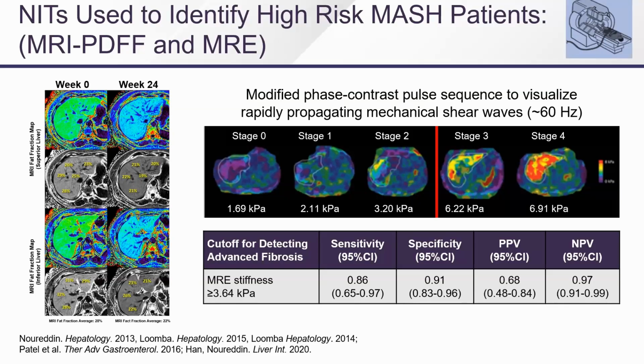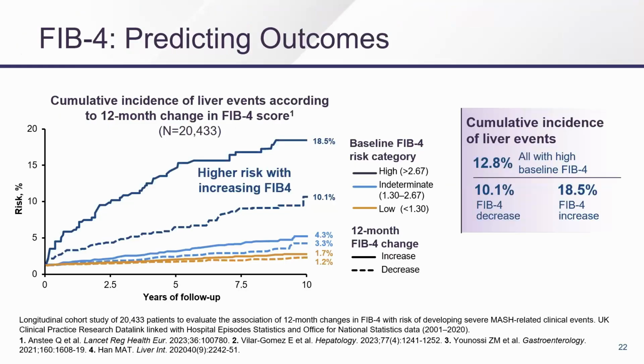The problem with those tests is they're expensive, they are time-consuming to perform, and they're certainly not available in my setting unless the patients are enrolled in clinical trials. Certainly in larger institutions, those tests are more readily available, and I hope that as we get more sophisticated in management of patients with steatotic liver disease, those tests will become available to all of you as well.